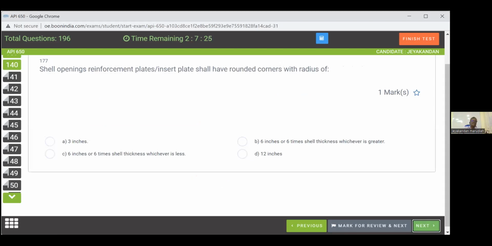Okay, right. Shell opening reinforcement plate, insert plate shall have a rounded corner with the radius of, a very important question. So what should be the radius of this one? 6 inch or 6 times shell thickness, whichever is greater. Where is it given, what should be the rounded corner?